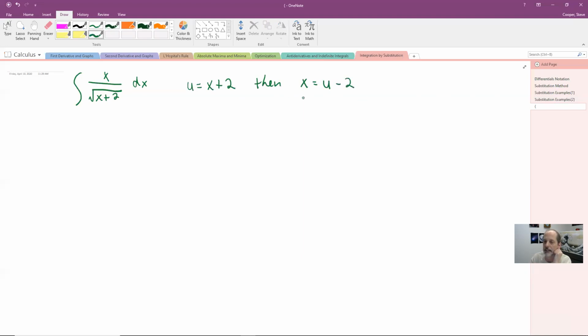If I say that u equals x plus 2, then here's an x. What is it in terms of u? Well, in terms of u, x would be u minus 2. So then we can think of that as the integral of u minus 2 for x over the square root of u, and then du equals 1 dx.